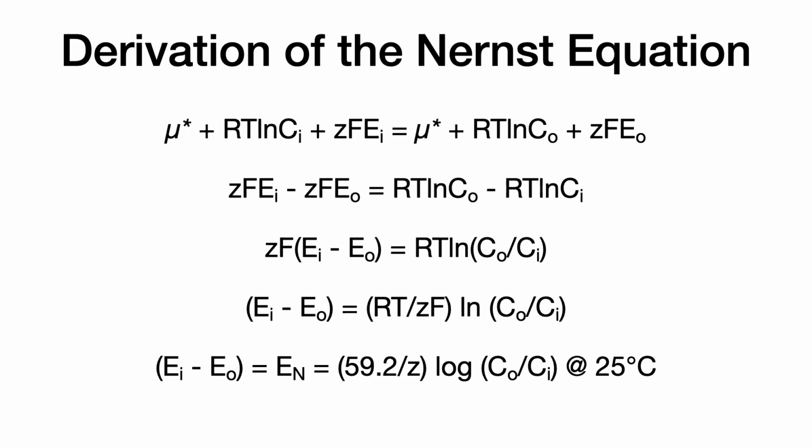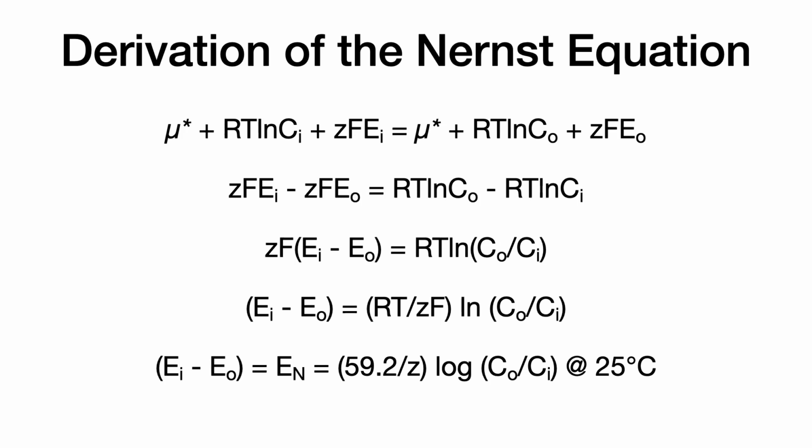So we can rearrange this equation in a way where the mu stars drop out by moving them onto one side, and we end up with ZFE sub I minus ZFE sub O equals RT log of CO minus RT log of CI.